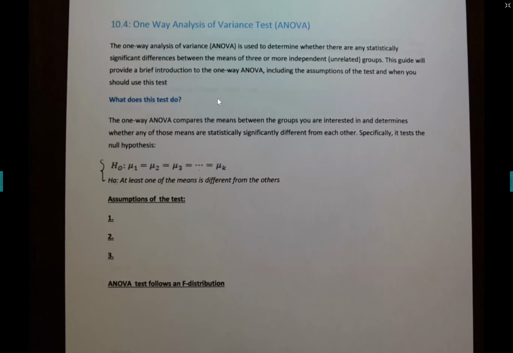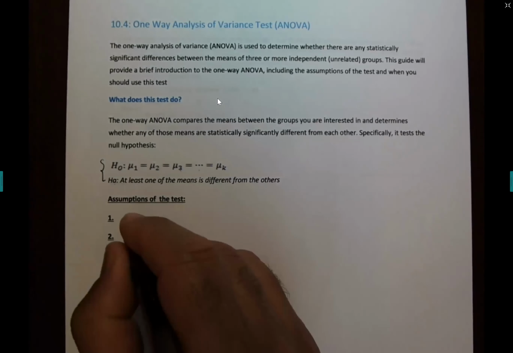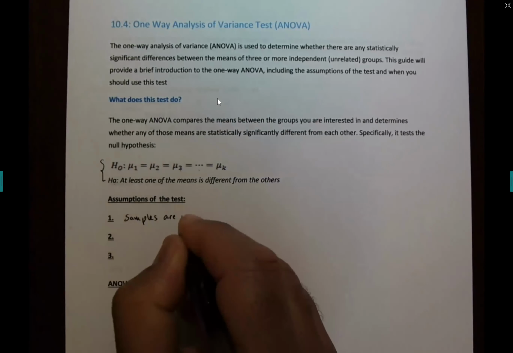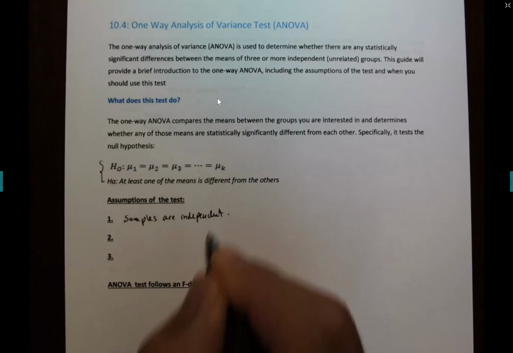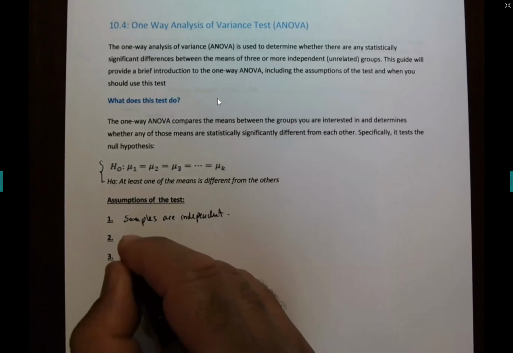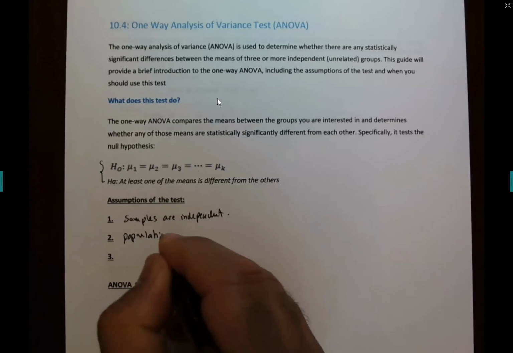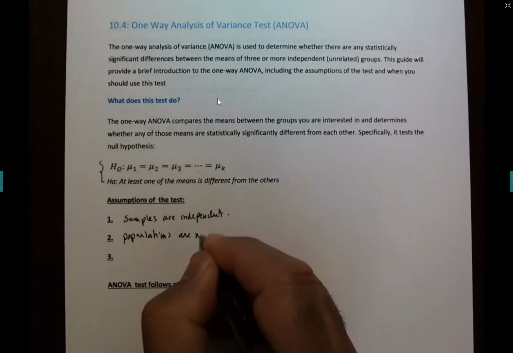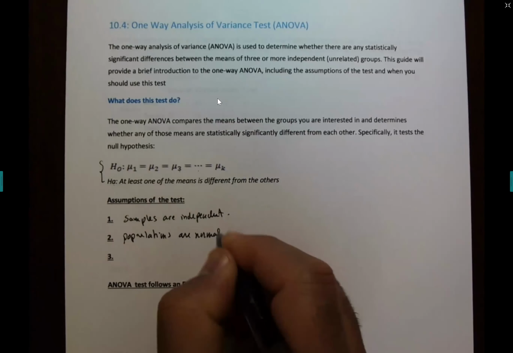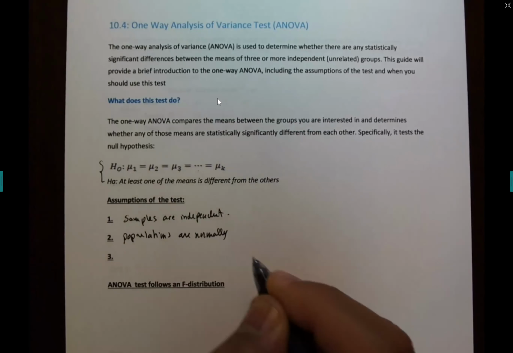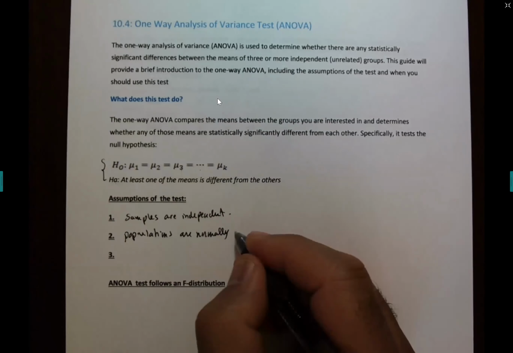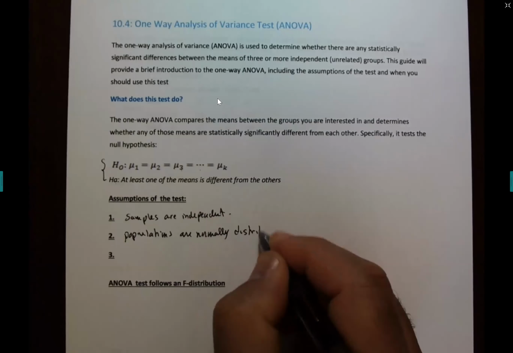Assumptions of the test. There are 3 assumptions in order to be able to do the test. The samples must be independent. And the populations are normally distributed or approximately normal. So the samples must come from bell-shaped distributions or approximately normal.